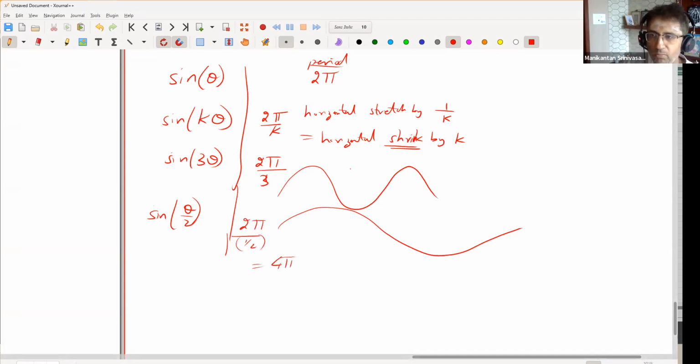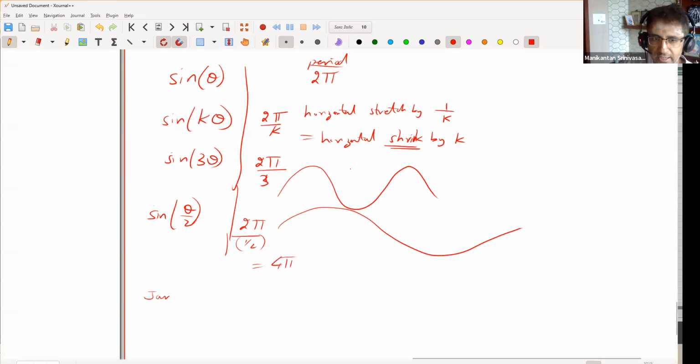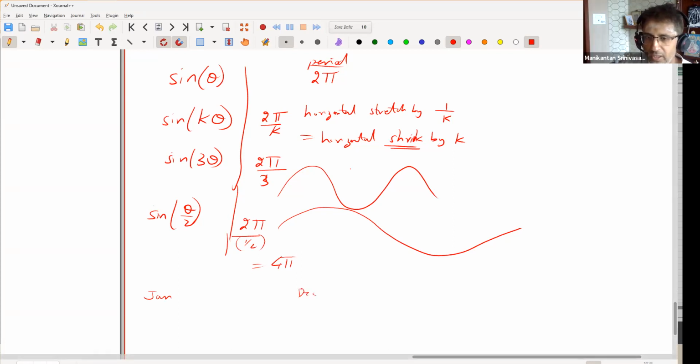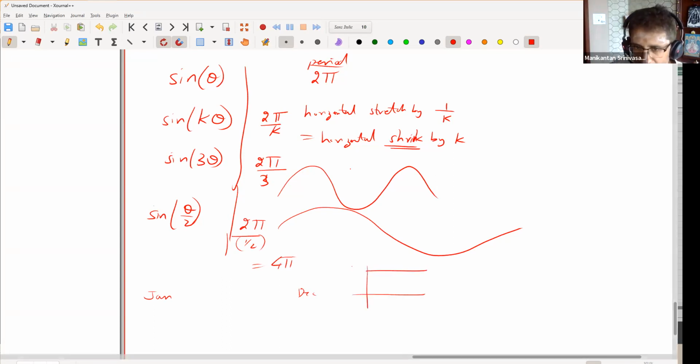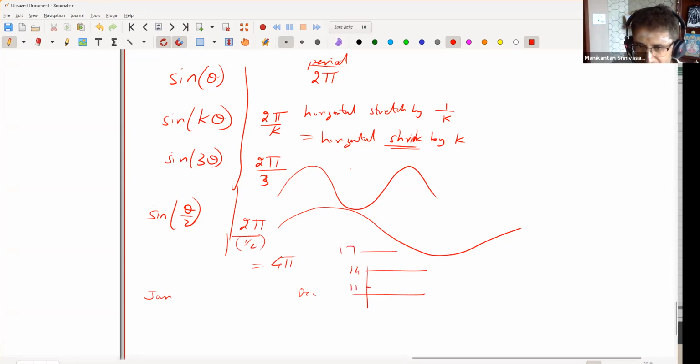Okay, so if I have to model, let's say I have some data points, typically they give something seasonal, right? From January to December. So I'll have to model something as a sinusoidal, and you might have values ranging from, let's say, 17 till 11, right? So 14 becomes the midway point.